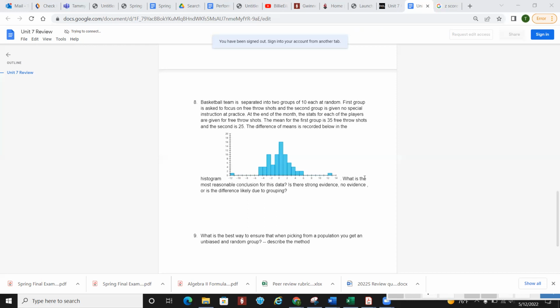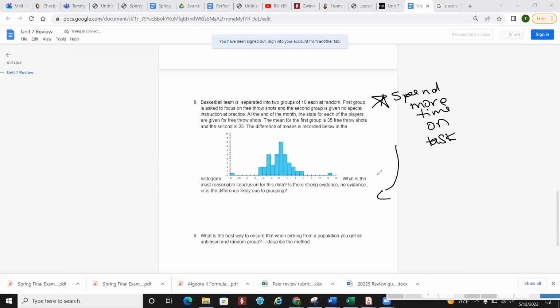It's asking what's the most reasonable conclusion. So why did that happen? It's common sense. So they spent more time on task, right?